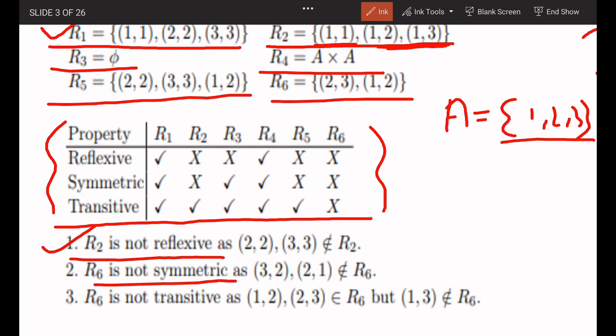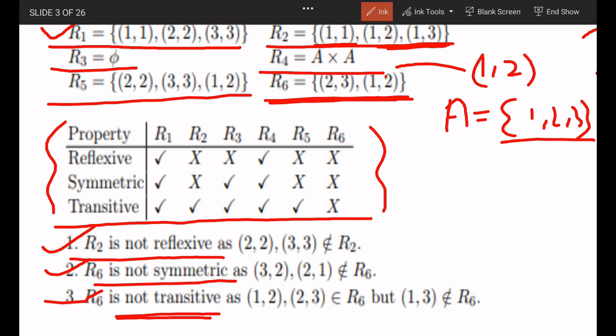R6 is not symmetric, because (1,2) is here and (2,1) is not here. R6 is also not transitive. Why? If I write (1,2) and then (2,3), then (1,2) is here, (2,3) is here, but (1,3) is not here.